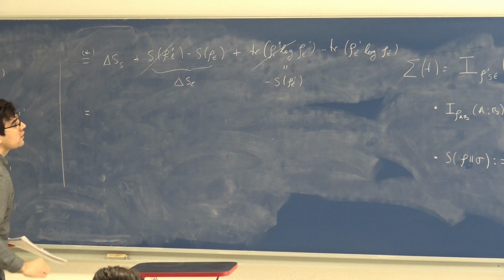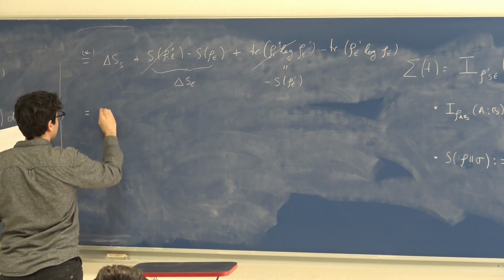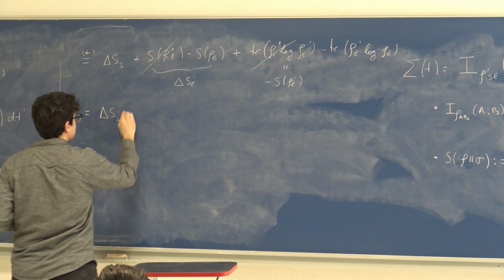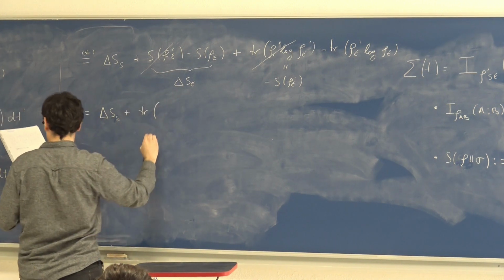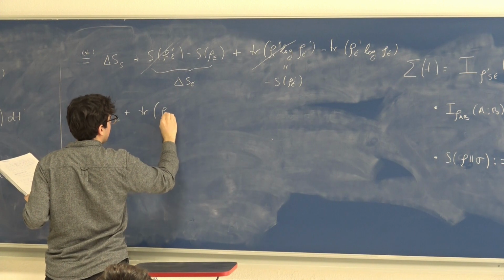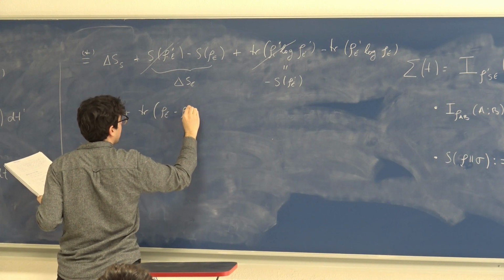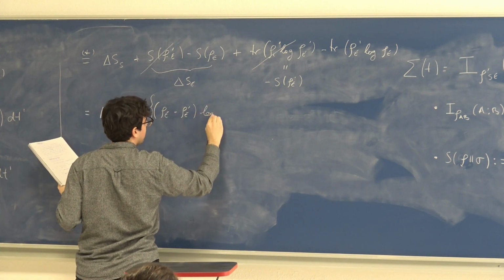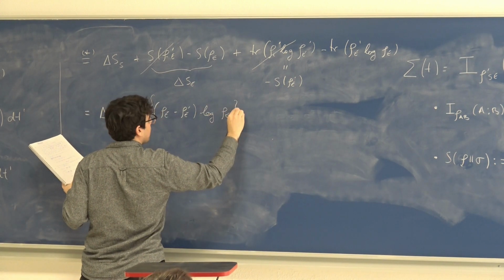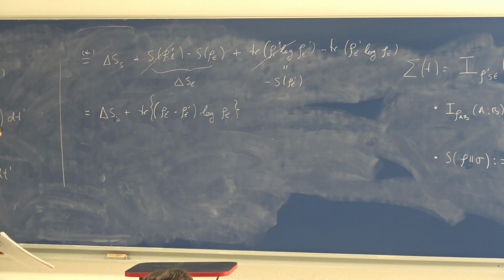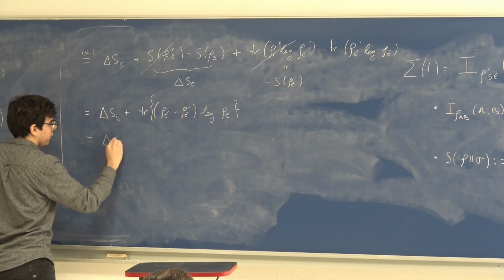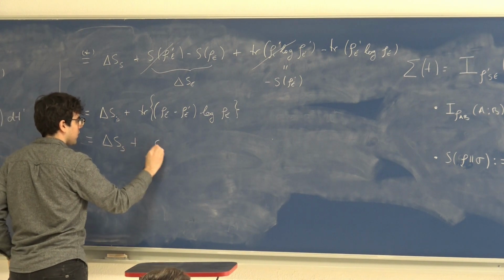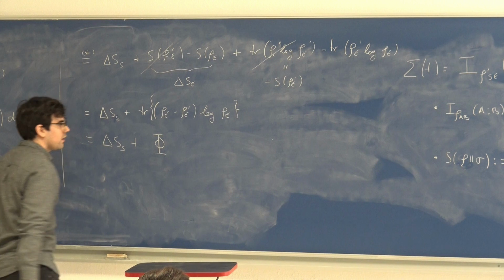And then you will get the variation of the entropy of your system plus the trace of rho e minus rho e prime times the logarithm of rho e, which is in the shape we are looking for. Some kind of term which depends on our system and some kind of entropic flux.